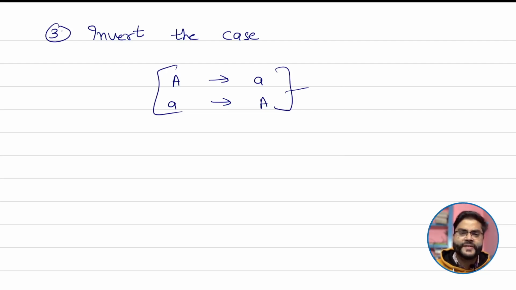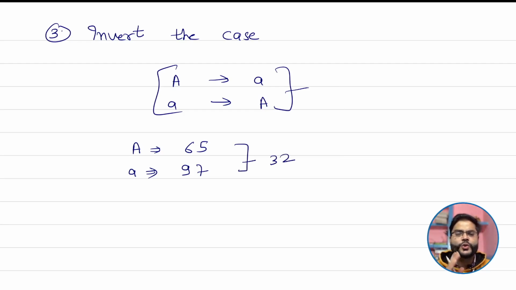If you have watched the previous lectures, you know that the ASCII value of capital A is 65, and the ASCII value of small a is 97. I hope you know these two values. The difference between these two is 32, correct? If you want to convert uppercase to lowercase, just add 32 to it, and if you want to convert lowercase to uppercase, just subtract 32 from it.